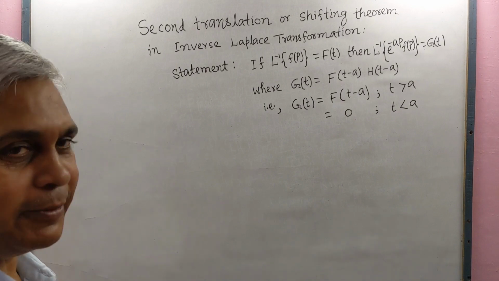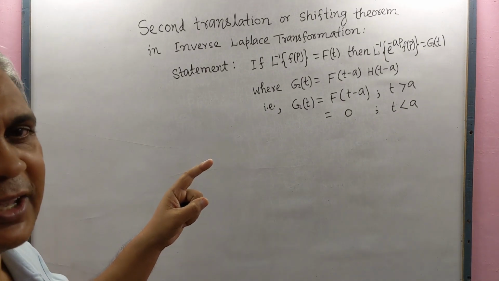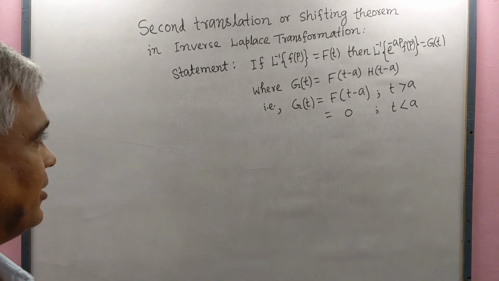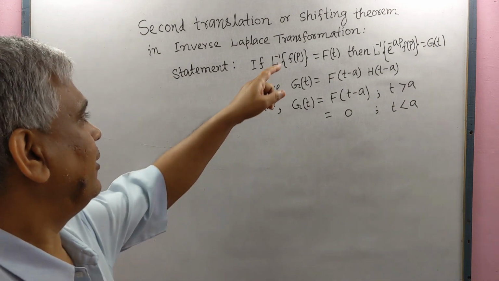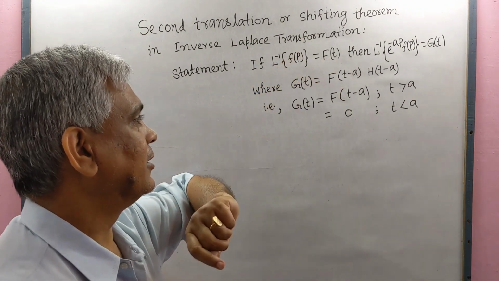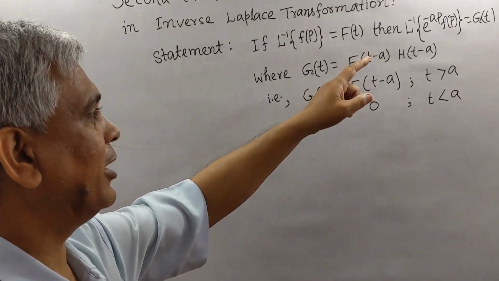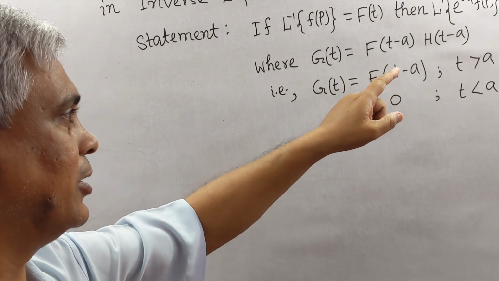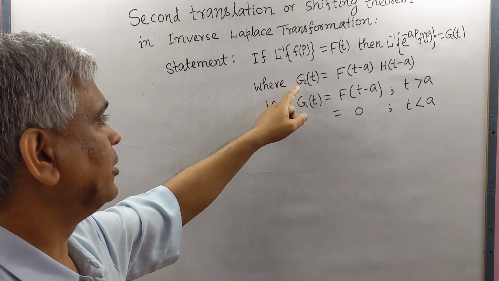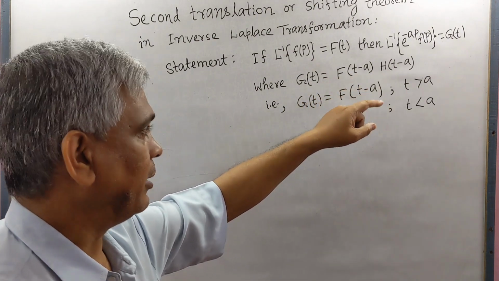Now we shall describe the second translation or shifting theorem in inverse Laplace transformation. Statement: if L inverse F(p) equal to F(t), then L inverse e to the power minus ap F(p) equal to G(t), where G(t) equal to f(t minus a) H(t minus a), Heaviside function.